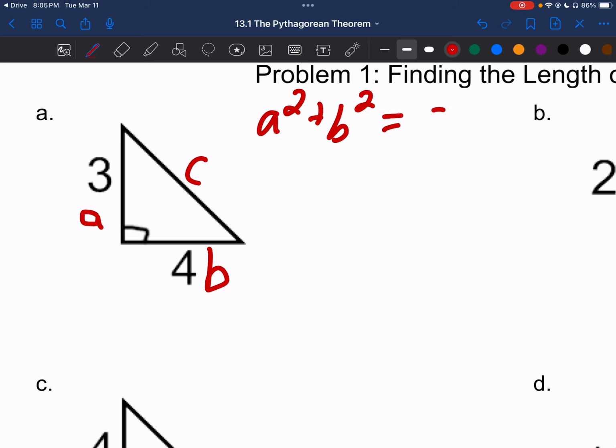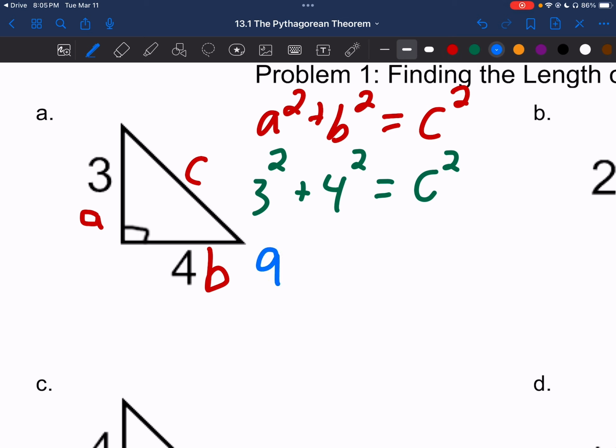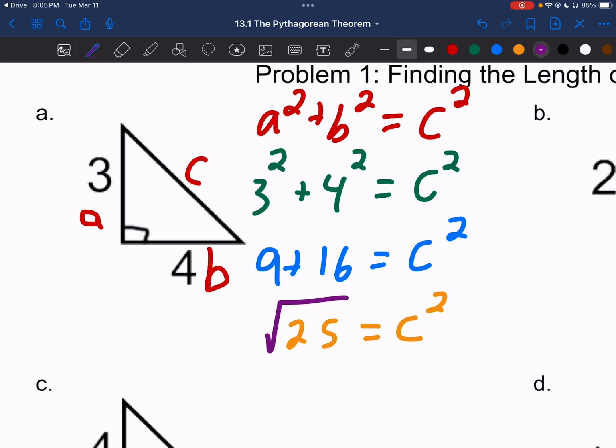The first step, a is 3, so we substitute that in and square it. b is 4, and we square it, and that's equal to c squared. 3 squared is 9, 4 squared is 16, and that equals c squared. Combine like terms, 9 plus 16 is 25, is equal to c squared, so the square root of that is 5, equal to c.